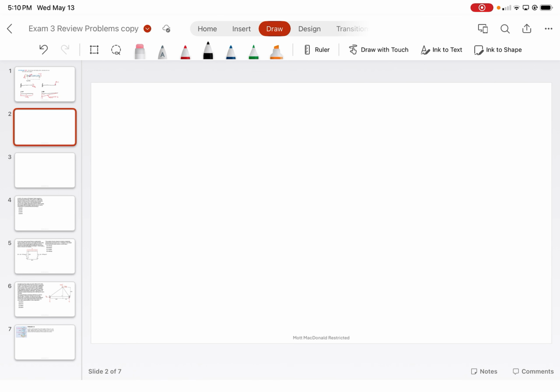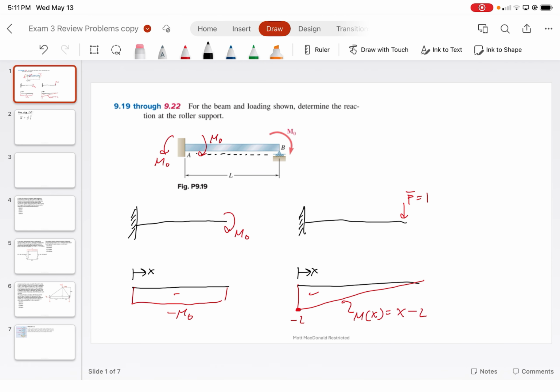From here, we're going to solve using principle of virtual forces. And so we calculate the strain energy equaling 1/2 times the integral of m of x, and this is technically m bar of x.